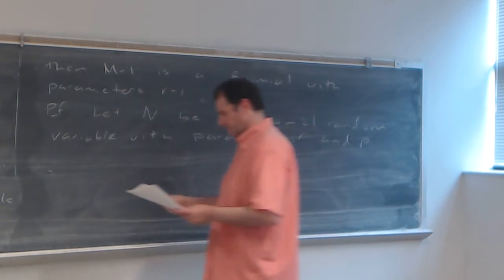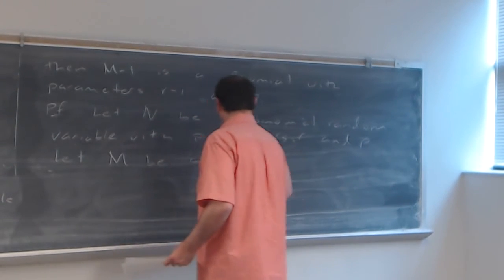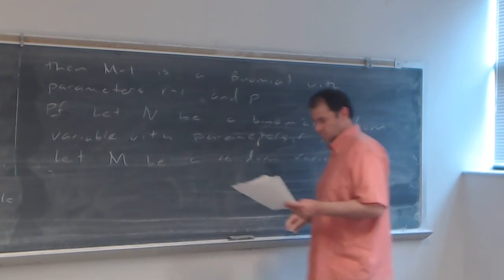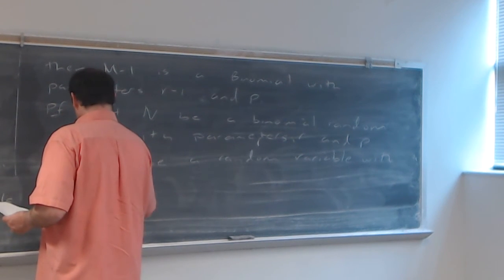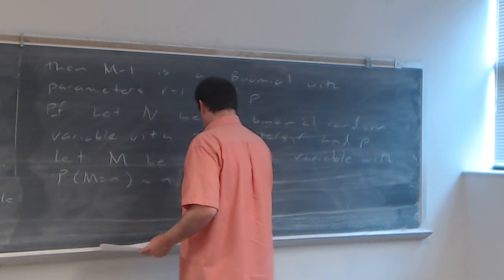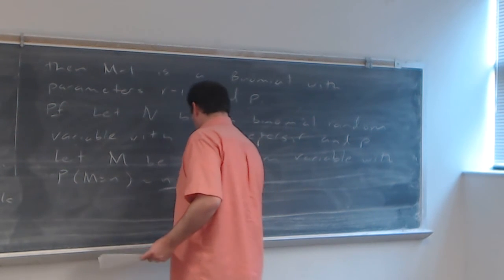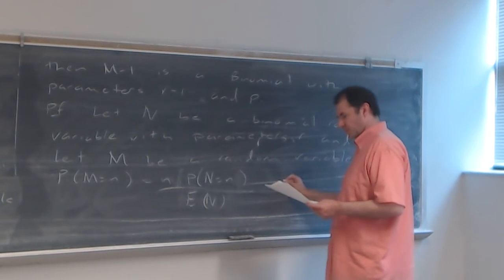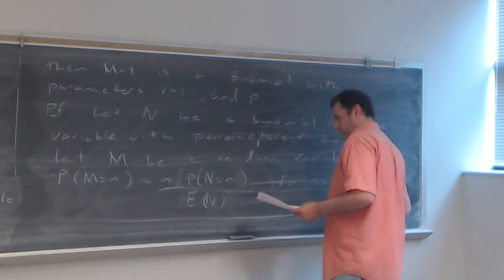Or let M be a random variable with the probability that M is equal to n equals n times the probability that N is equal to n over the expected value of N, for n running from 1, 2, 3.